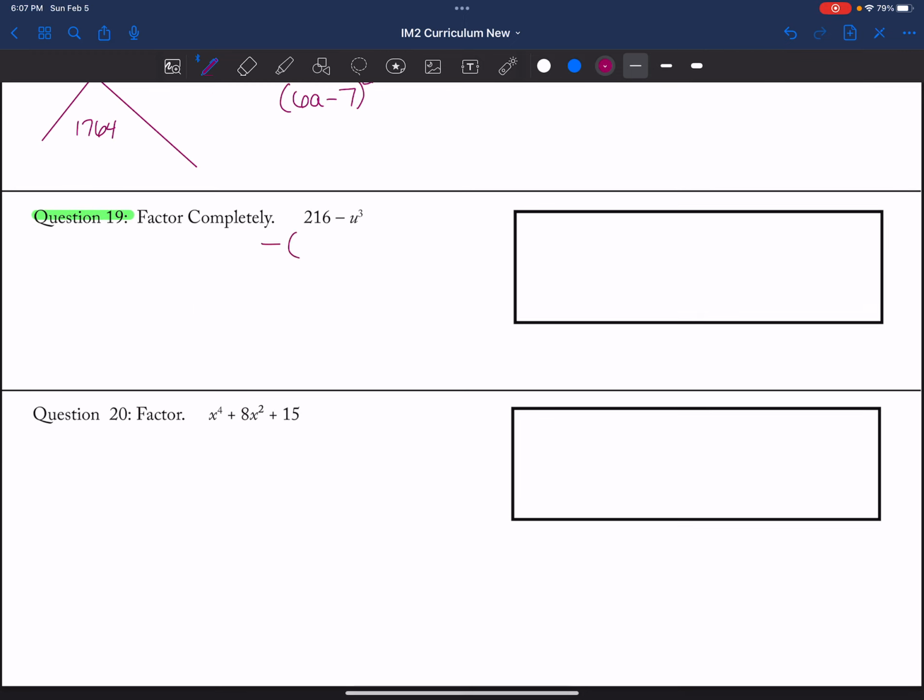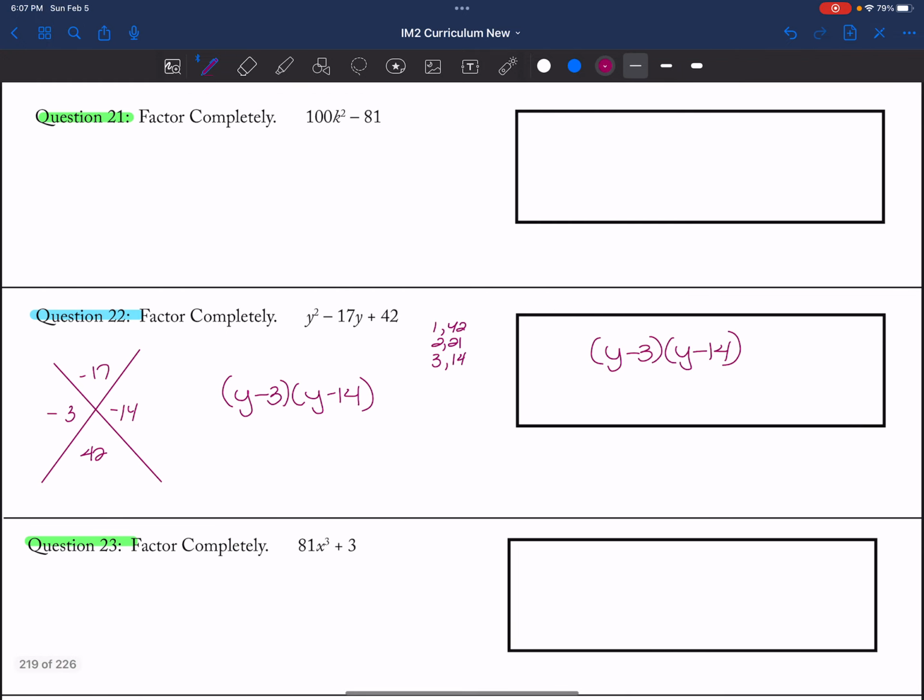I'm going to factor out a negative, so u cubed minus 216, so negative (u minus 6)(u squared plus 6u plus 36). Okay, 21. Difference of squares.